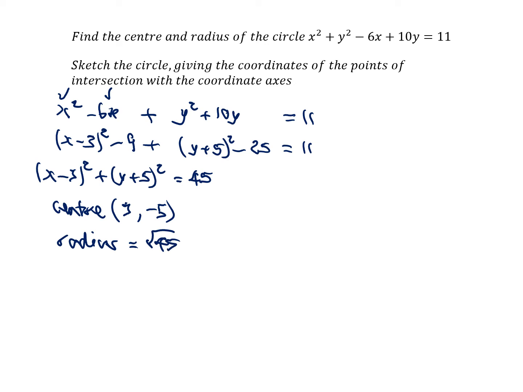Okay, so I can now just look and see if I've actually answered the question. Find the center and radius. Yes, I've done that. Good. Sketch the circle now. So I've got to sketch the circle. Here's my sketch.